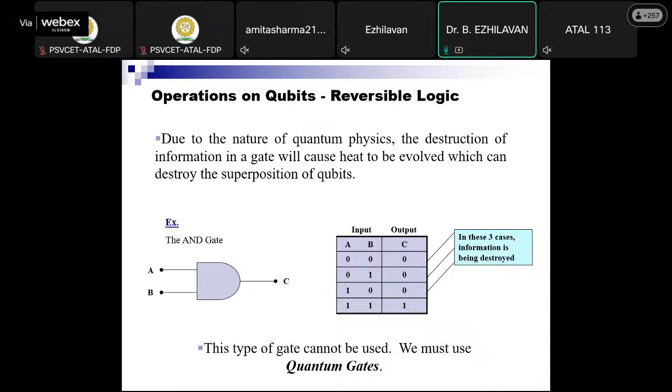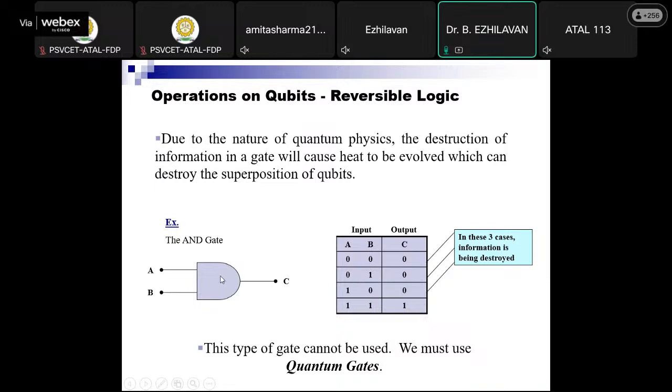Operations of qubits. It is reversible logic. Due to the nature of quantum physics, there is destruction of information in a gate. See here, we are using an AND gate, which can destroy the superposition of a qubit. What will it do? Multiplication.